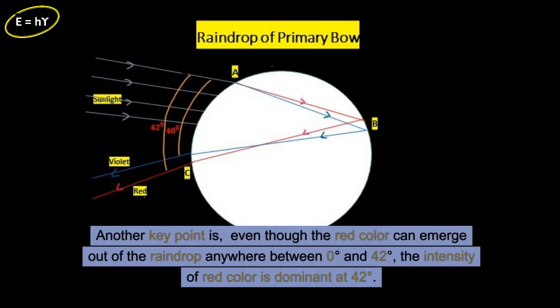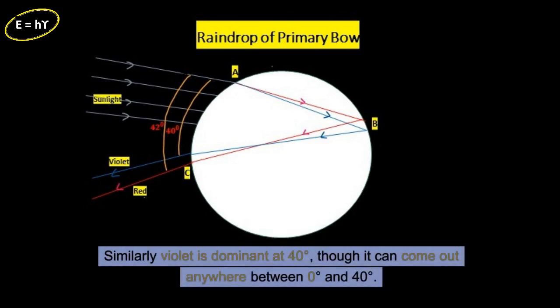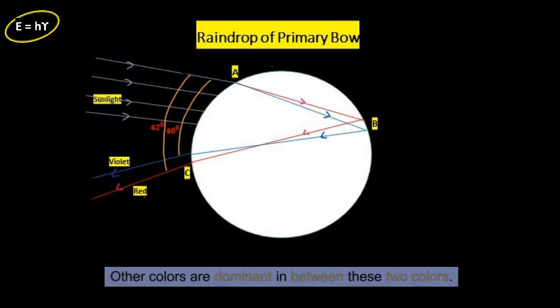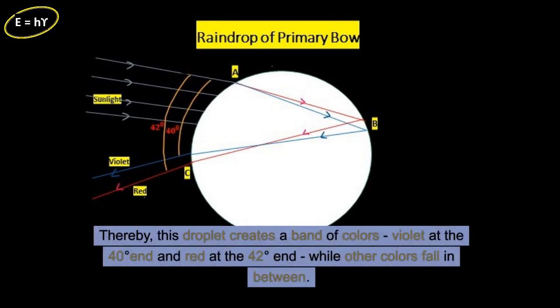Another key point is, even though the red color can emerge out of the raindrop anywhere between 0 degrees and 42 degrees, the intensity of red color is dominant at 42 degrees. Similarly, violet is dominant at 40 degrees, though it can come out anywhere between 0 degrees and 40 degrees. Other colors are dominant in between these two colors. Thereby, this droplet creates a band of colors, violet at the 40 degrees end and red at the 42 degrees end, while other colors fall in between.